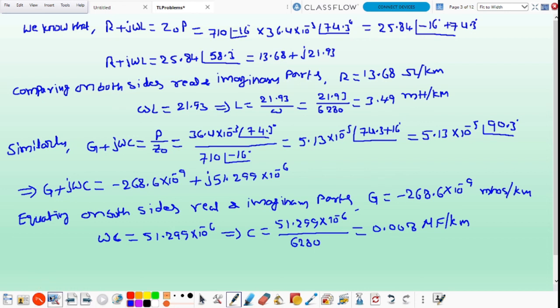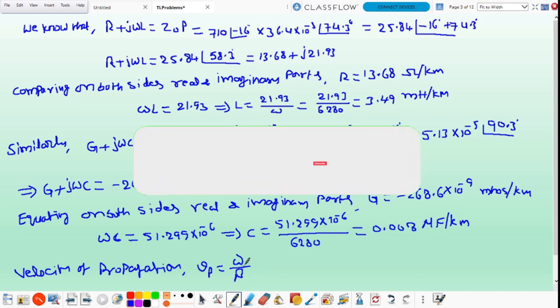Velocity of propagation. The equation of velocity of propagation is V suffix p equal to omega by beta.